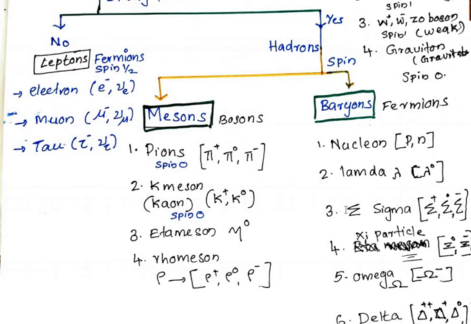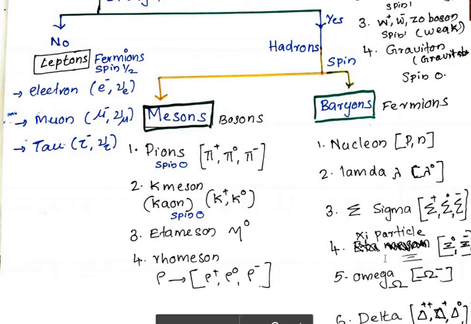The other type of baryon is the sigma particle. There are 3 members in this family: sigma plus, sigma 0 and sigma minus. The psi particle has only 2 members: psi 0 and psi minus.